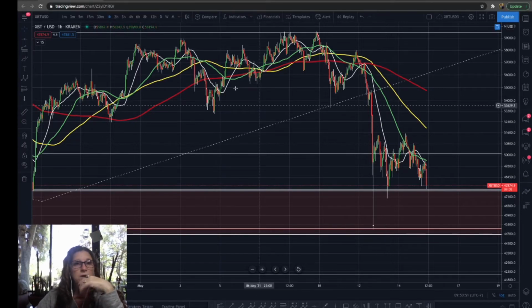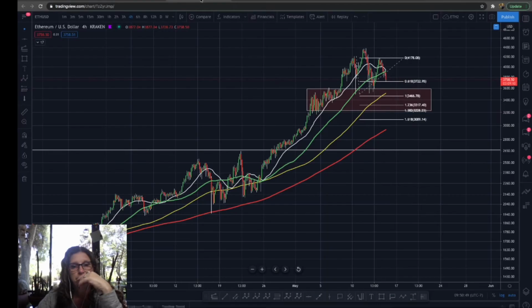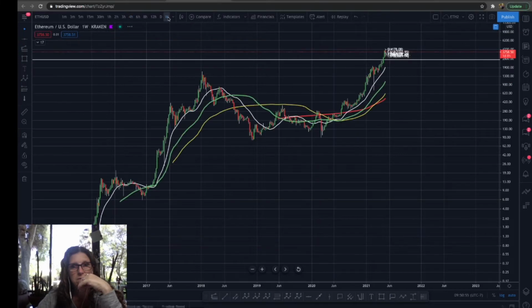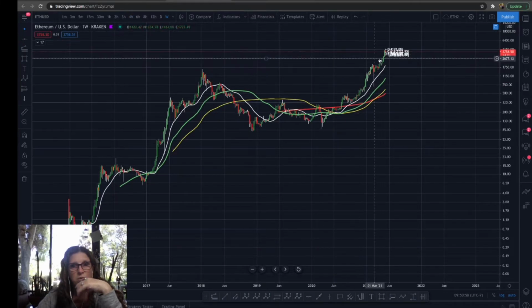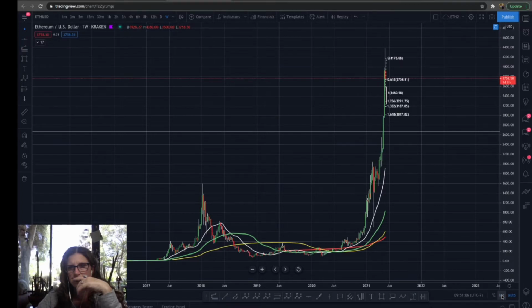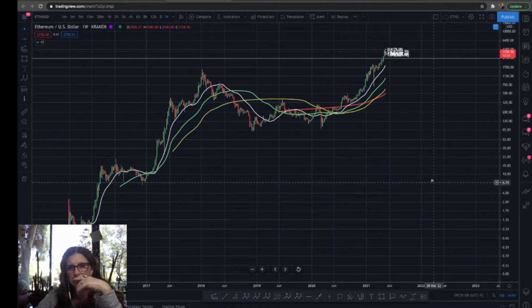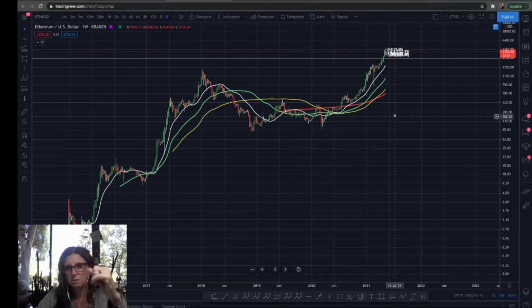So let's move on to ETH. ETH, let's go on up to the weekly. I marked it with a white line. One second here. What did I mark with a white line?